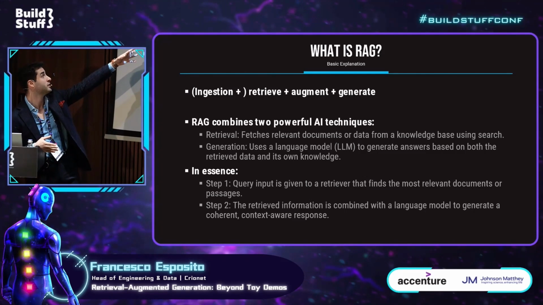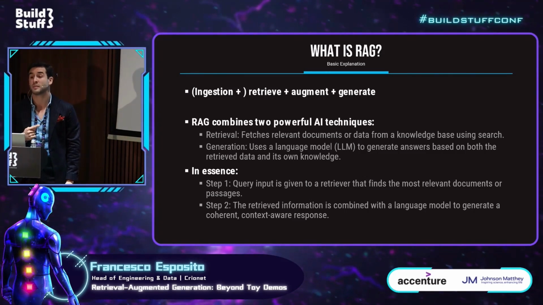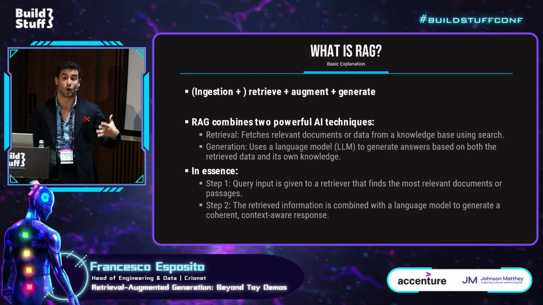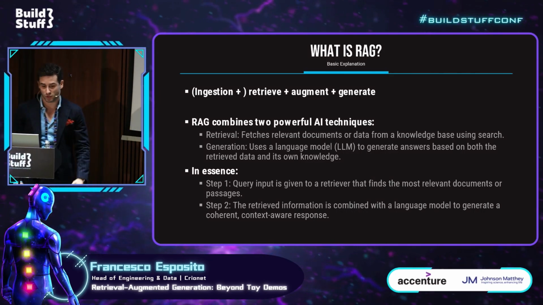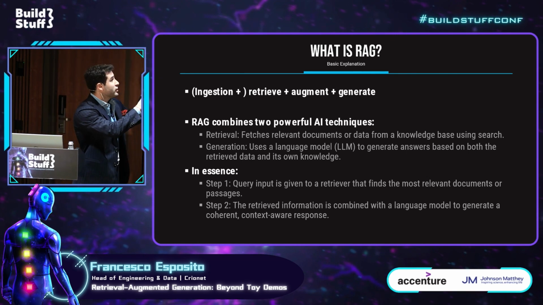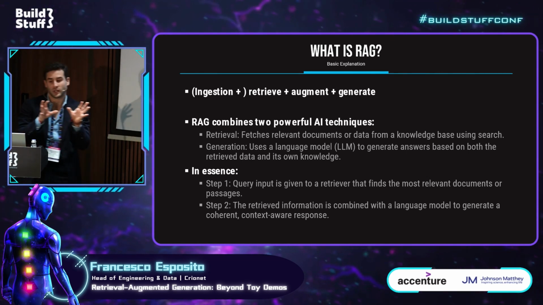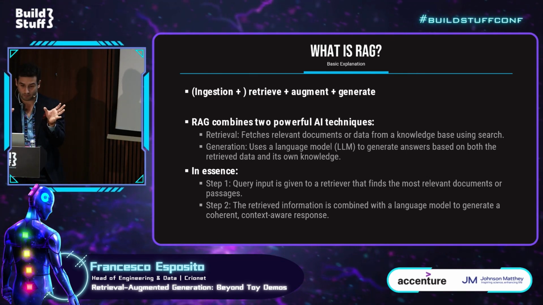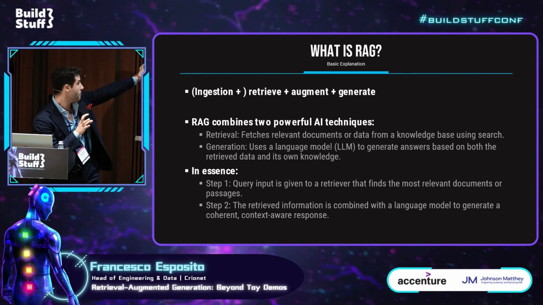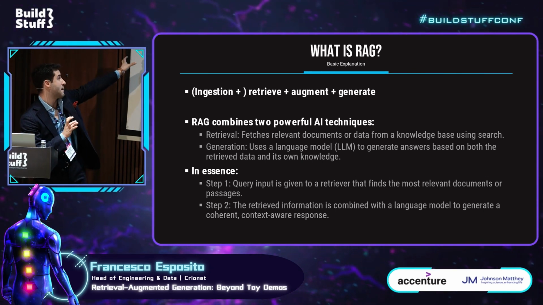So 3 steps here, but actually we are already missing one, the ingestion step, which is, of course, crucial for the subsequent ones. We are leveraging 2 powerful generative AI techniques: the generation step and the retrieval step.